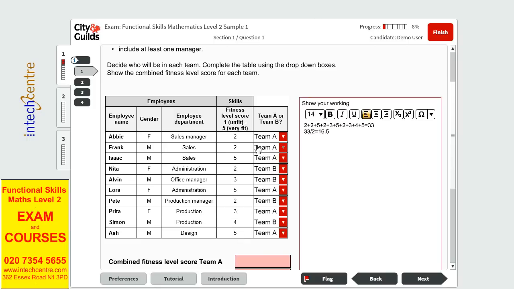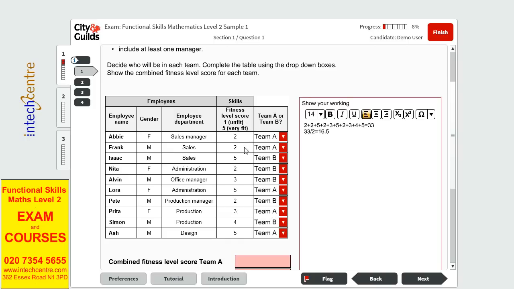So if you add the numbers for team A, you will find out that I've put 1 too many in it. So we have 1, 2, 3, 4, 5, 6, and then in team B we have 1, 2, 3, 4. So maybe Isaac or even Laura could go in team B. So let's put Isaac. Let's see if we get the 16 and 17.